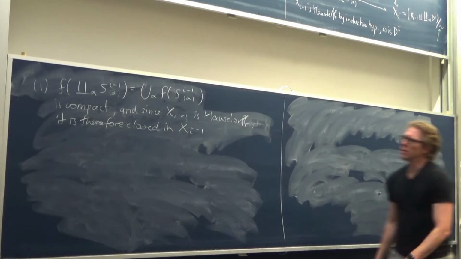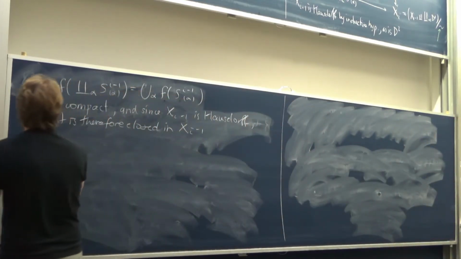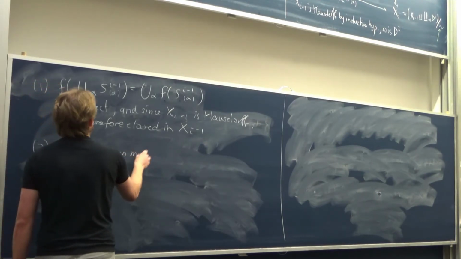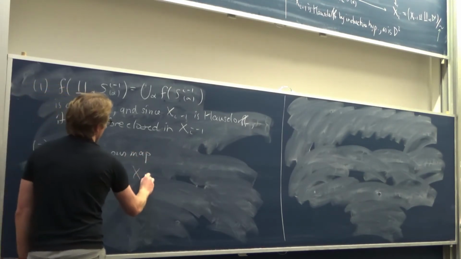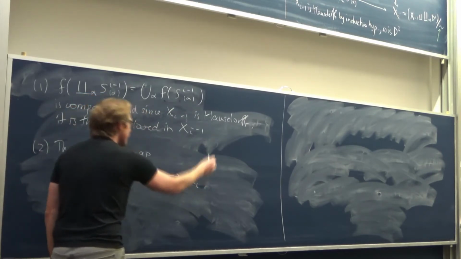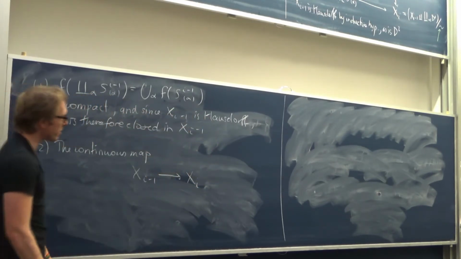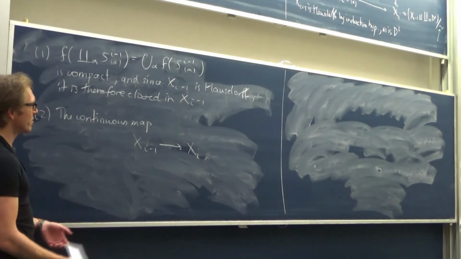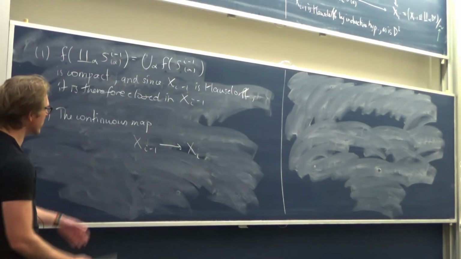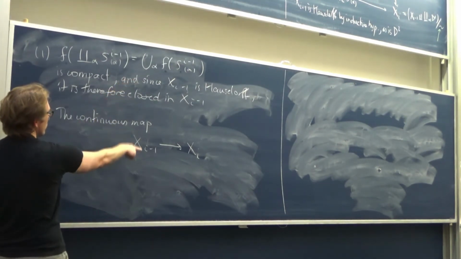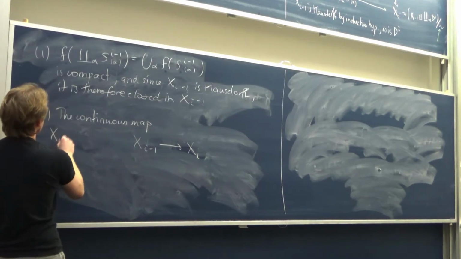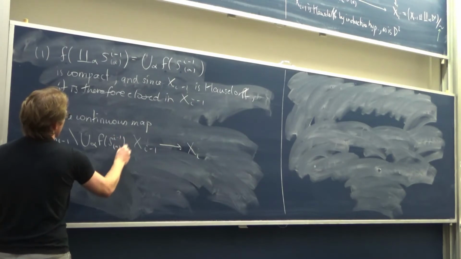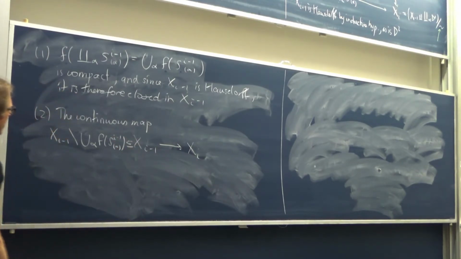All right, I'm still in the business of making this point about the case where the pair of points are far away from where the attaching happened. So what is the place where nothing got attached? It's the complement of that within X_{i-1}.